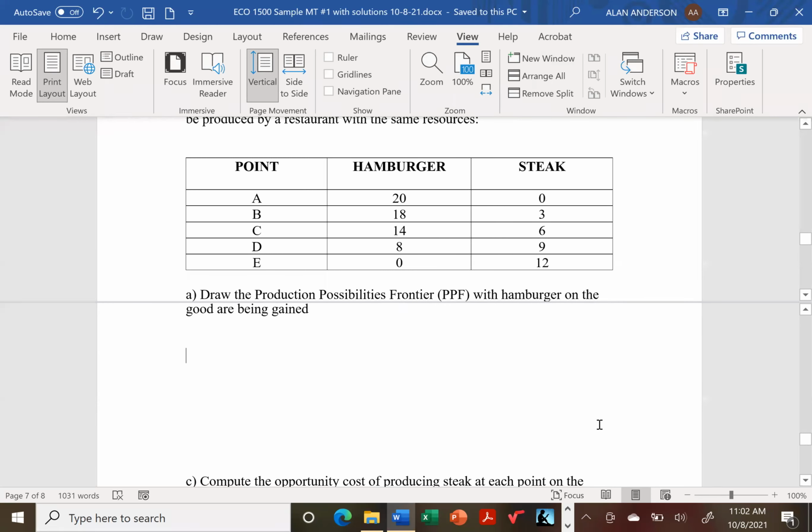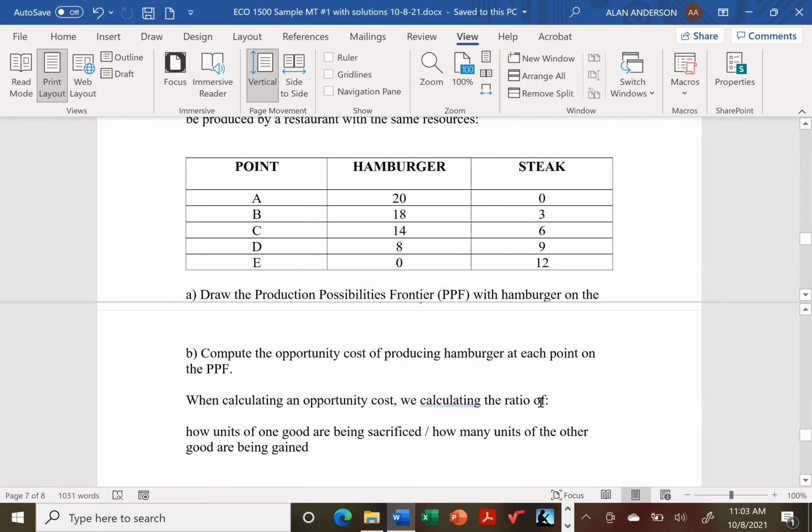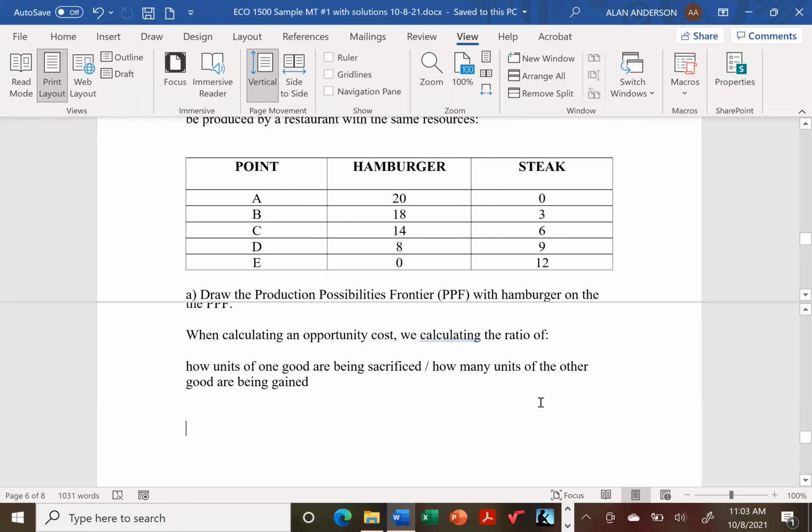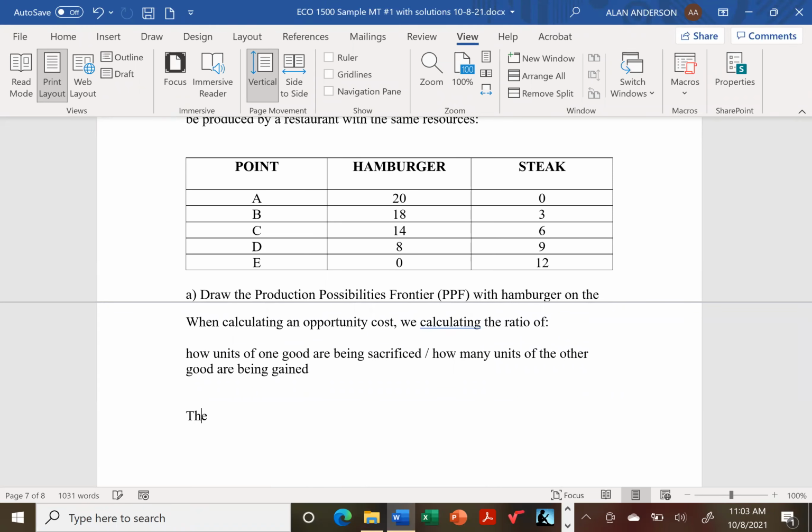Okay, now remember, right now, we're doing this with hamburger. So the opportunity cost of a hamburger represents the sacrificed steak over the gained hamburger.